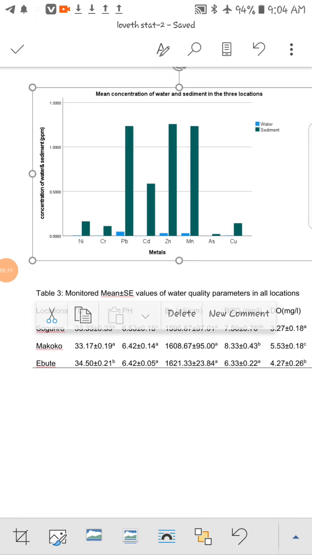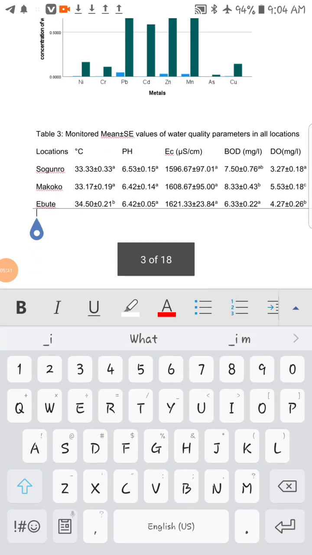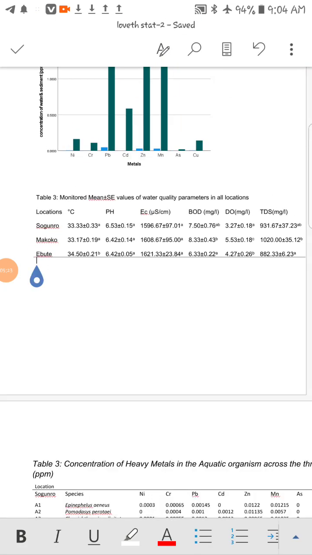Now if you want to explain this one, don't forget I told you that you explain in respect to the locations. You explain the parameters or the heavy metals in respect to the location. So here right now, it's going to be vertical because the locations are on the vertical axis. So you look at the temperature of the water across the three locations.